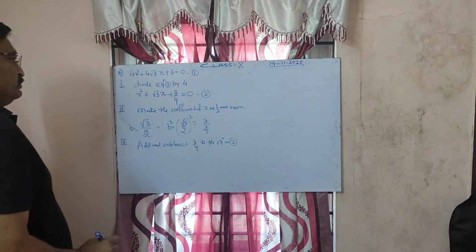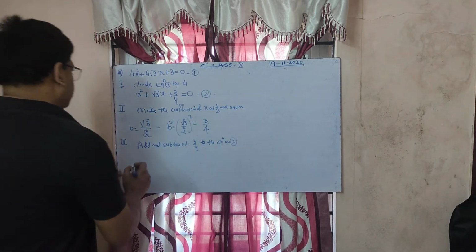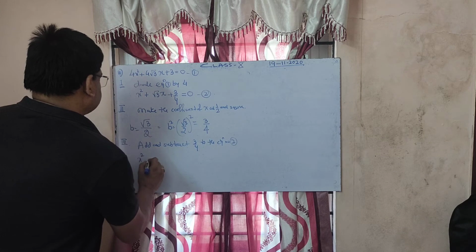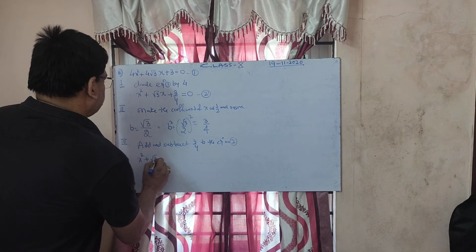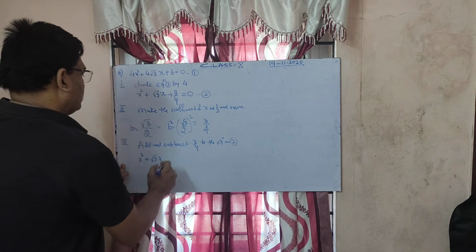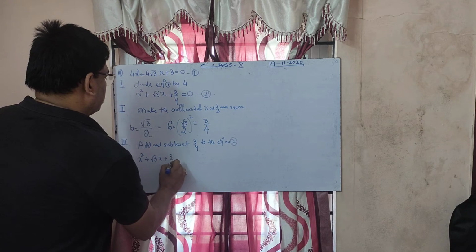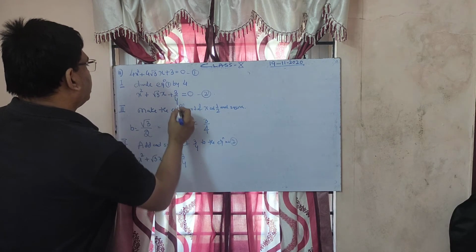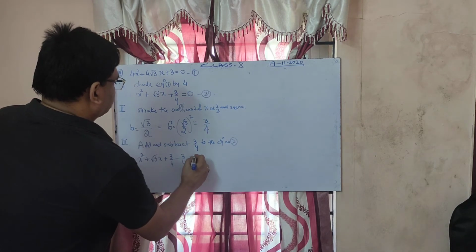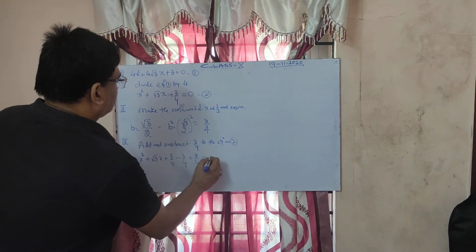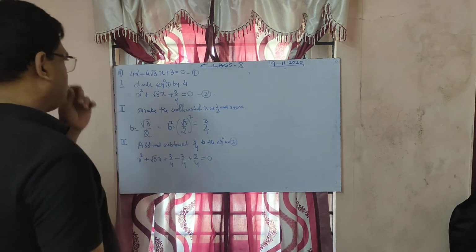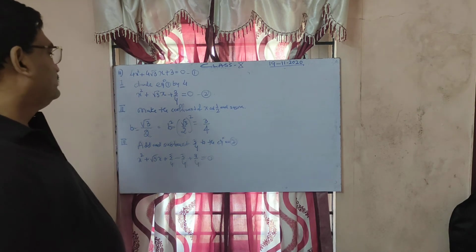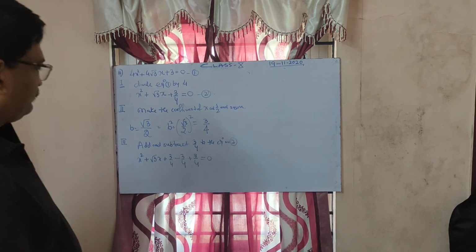This is equation number 2. Just put it here: x square as it is, root 3x as it is, plus 3 upon 4 minus 3 upon 4 and again plus 3 upon 4 is there, equal to 0.